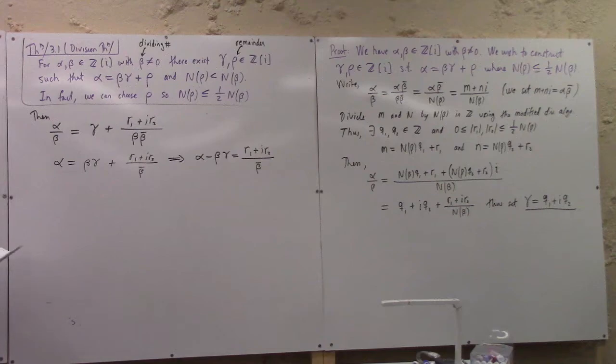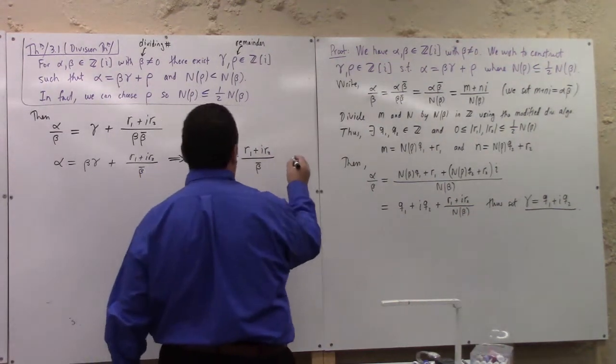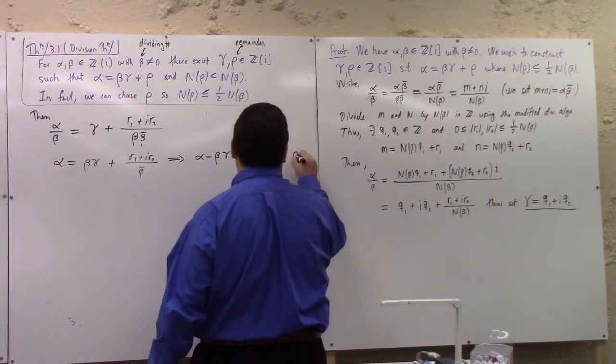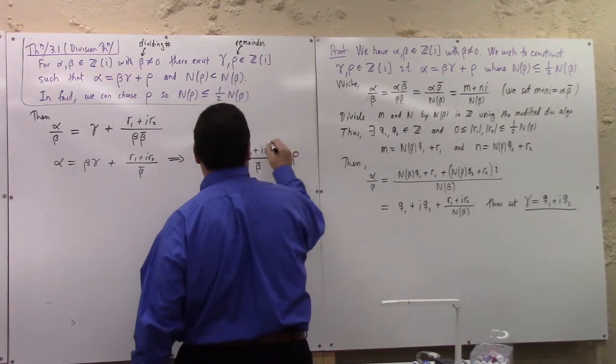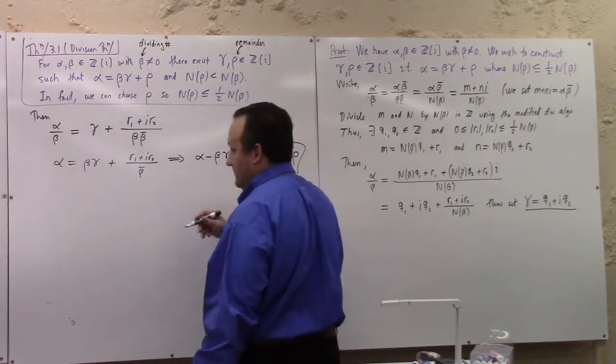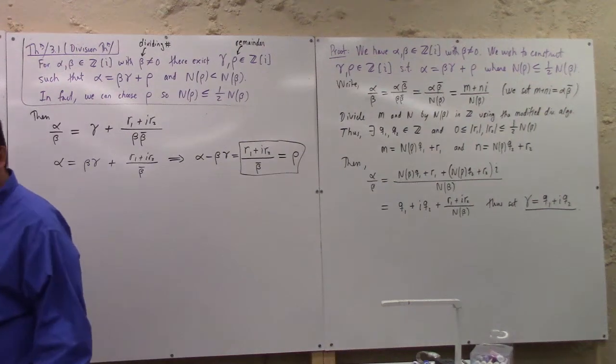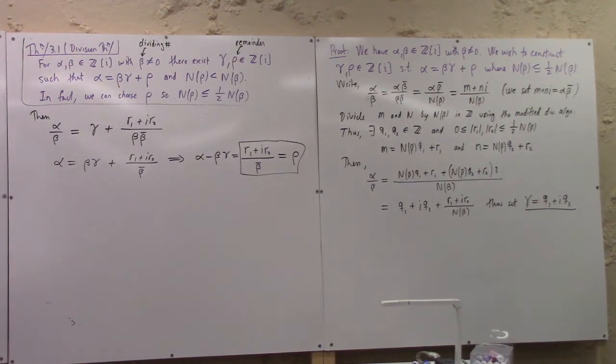And he then says, set this equal to rho. This is going to be our rho. If we make that rho, we have satisfied the algebraic aspect of the division algorithm already.